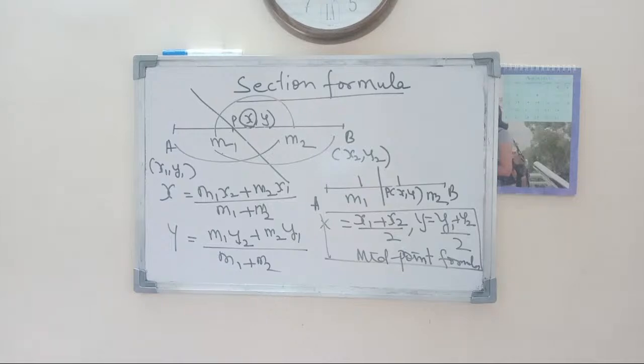X equals m1 x2 plus m2 x1 by m1 plus m2. Y equals m1 y2 plus m2 y1 by m1 plus m2. Underline it.